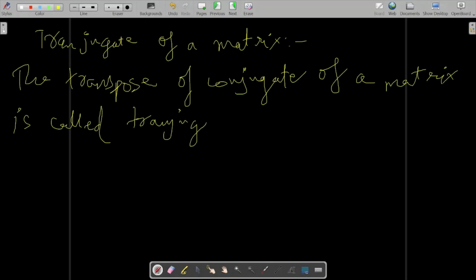It means first we will take the conjugate and then we will take its transpose. We will take the transpose of the conjugate. So the transpose of the conjugate of a matrix is called the tranjugate of a matrix.